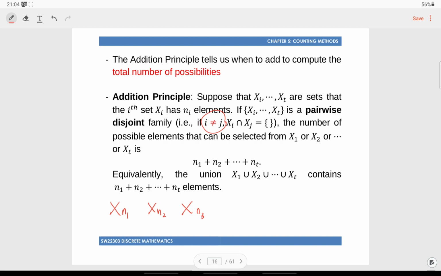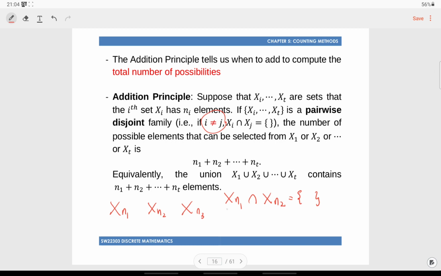If we do the intersection among these three sets, let's say we start with X1 intersect with X2, the result is an empty set. That means there is no common element between these two sets, so these two sets are disjoint.